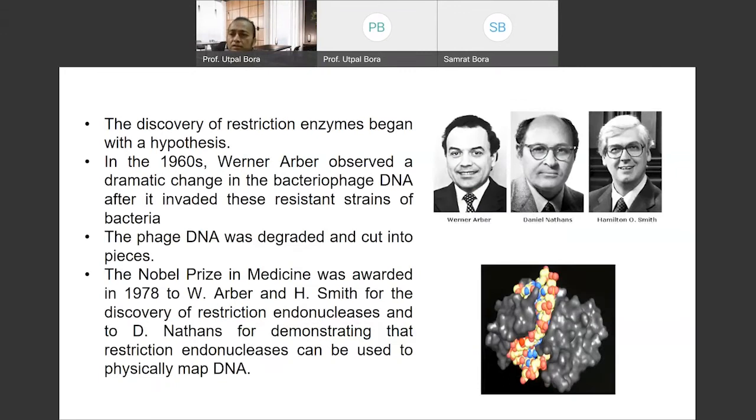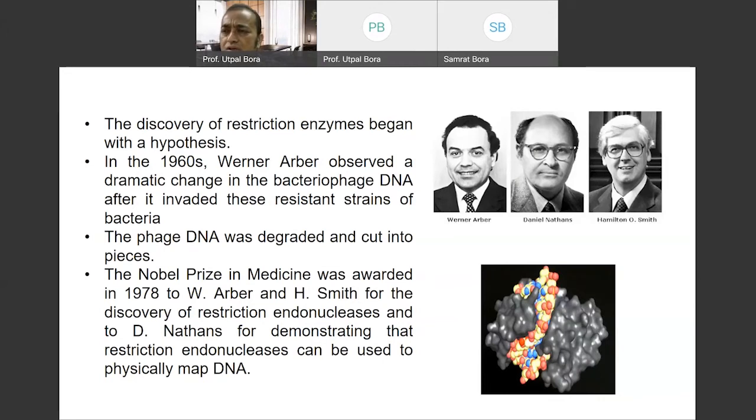So Werner Arber, then Daniel Nathans, and Hamilton O. Smith were the ones who discovered restriction enzymes. In the 1960s, Arber observed a change in bacteriophage DNA after it invaded resistant strains of the bacteria. The phage DNA he found was degraded and cut into small pieces.